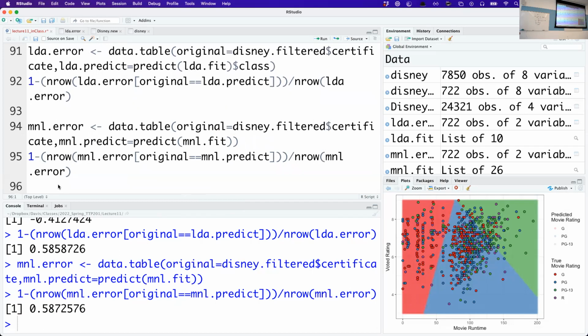Okay, they're pretty close. In this case, I might say that probably neither of these is going to be substantially better than the other. But what would a different baseline be? What would be, in theory, the error rate if we guessed randomly?